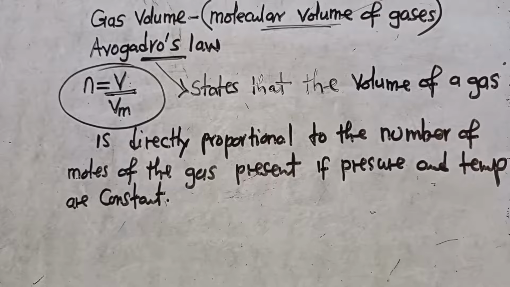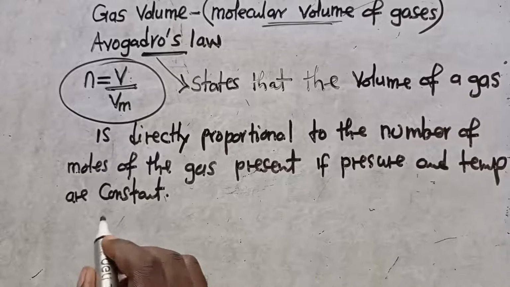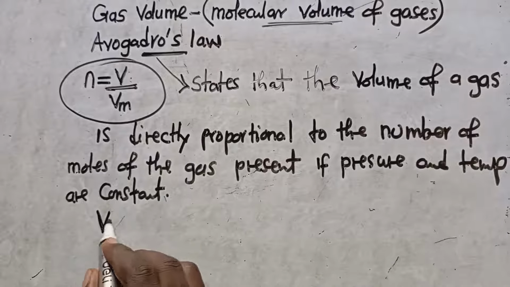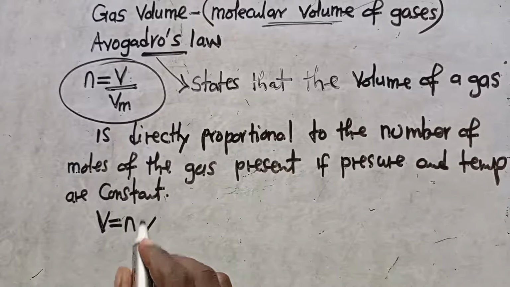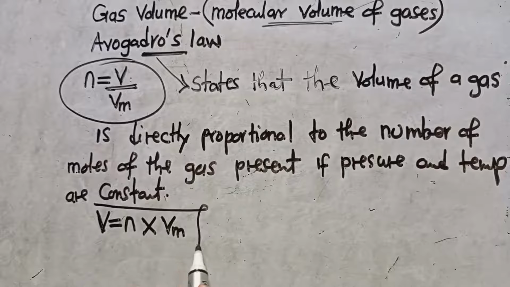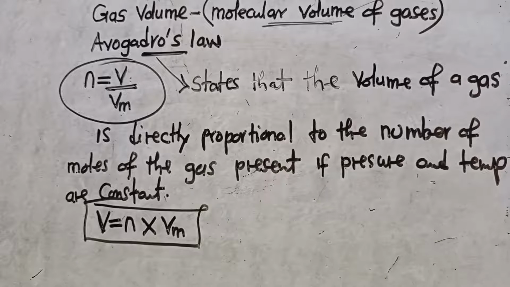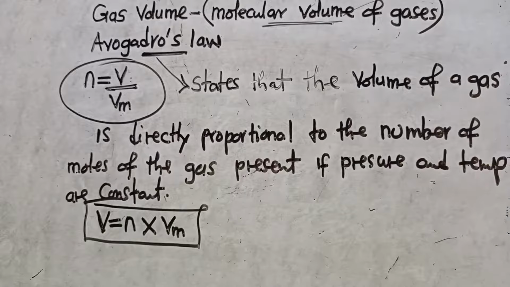So from here now, you are going to discover that if you are told to calculate volume, you are going to say volume is equal to number of moles times molar volume. So if you want to calculate volume, this is another formula you can use. I've just put one there, then cross multiplied.